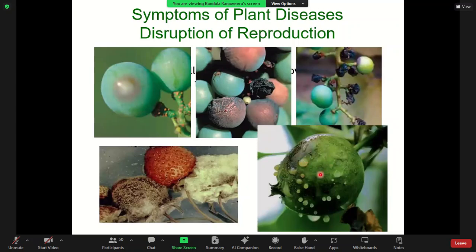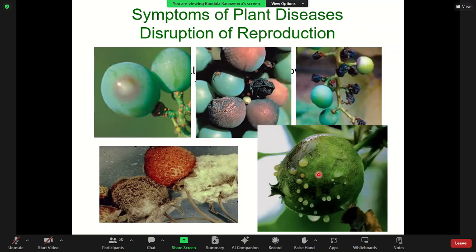When we observe direct damage to the harvested part, we consider it a more obvious and serious problem.